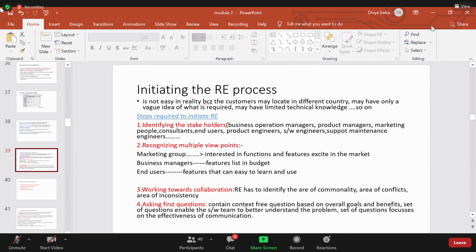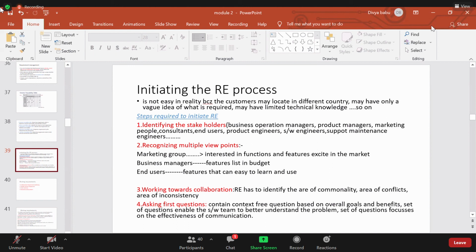Then asking the first question: I told you the first one is inception, right? The inception phase means you ask context-free questions based on what the benefit is. That is the first phase.